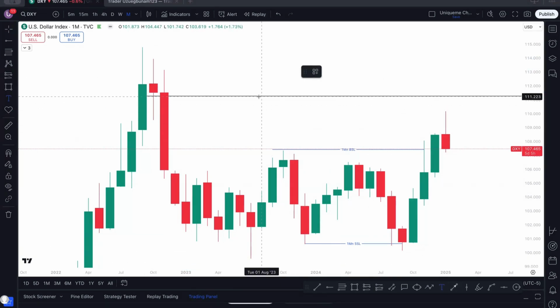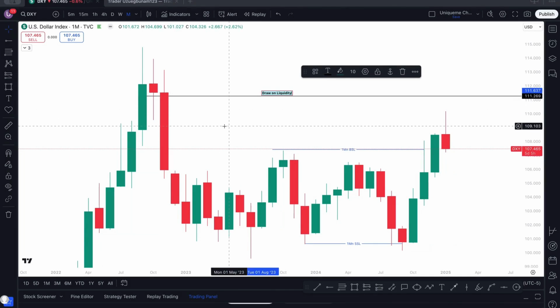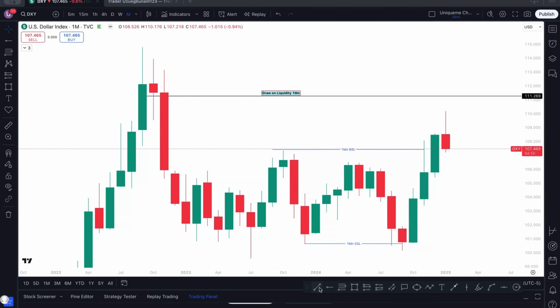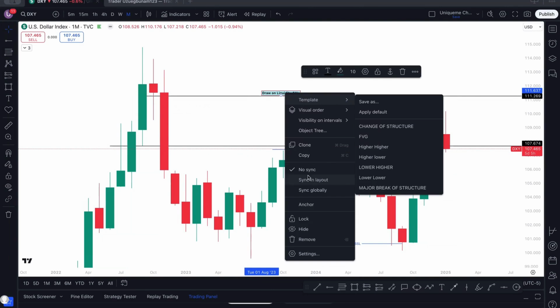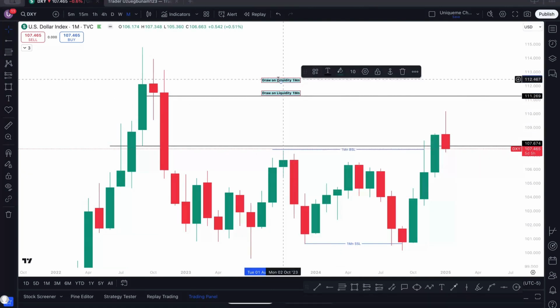You know what that means, our main threshold of the order block. And I'm going to label this draw on liquidity, and I'm going to put in 1 month to remind me that that is the 1 month draw on liquidity. Then I can put my line here also. You can see market is actually reacting there, which is also a draw on liquidity from 1 month.